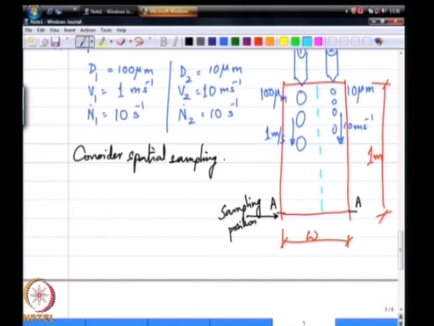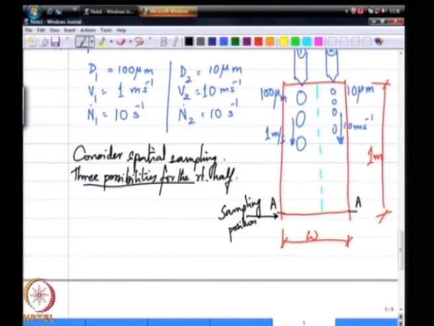So, I have three possibilities for the right half, depending on when I take the snapshot.